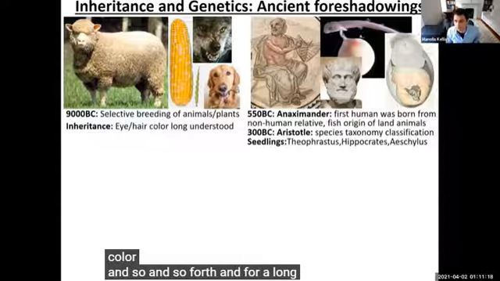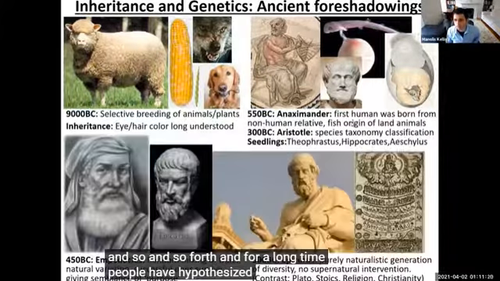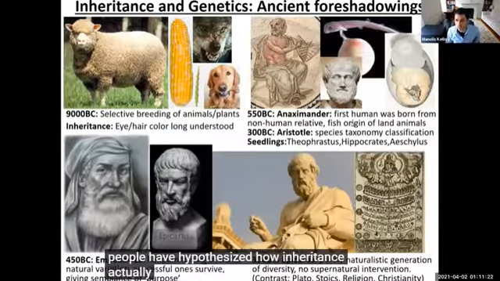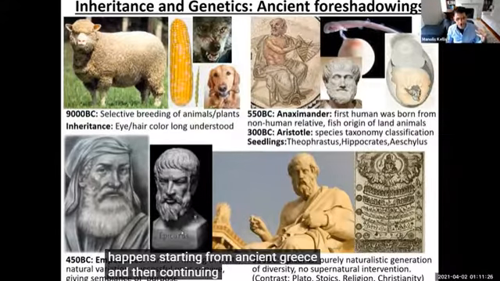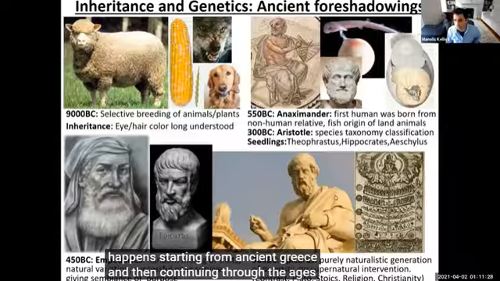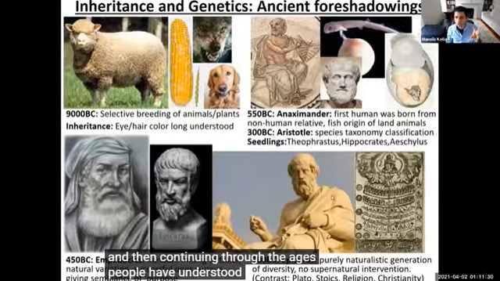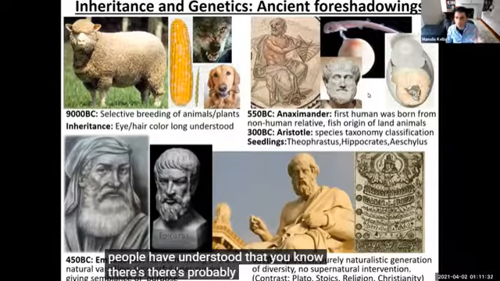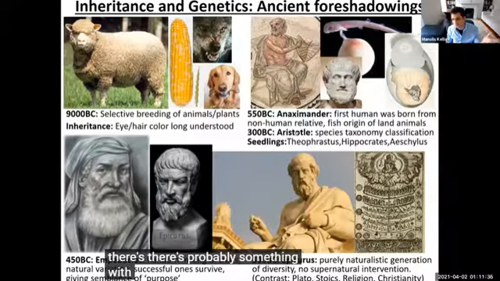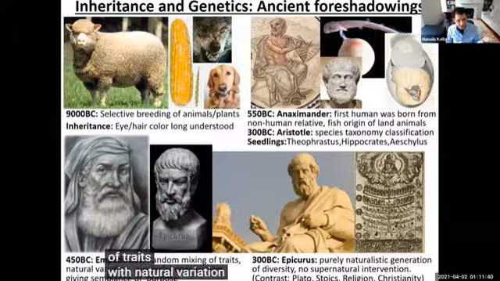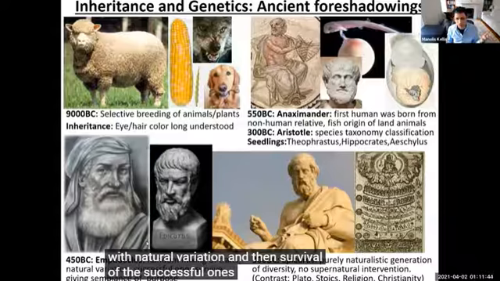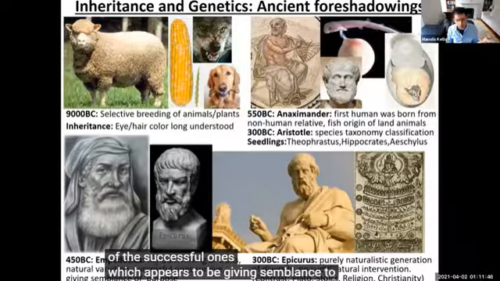And for a long time, people have hypothesized how inheritance actually happens, starting from ancient Greece and then continuing through the ages. People have understood that there's probably something with random mutation, with random mixing of traits, with natural variation, and then survival of the successful ones, which appears to be giving semblance to purpose.